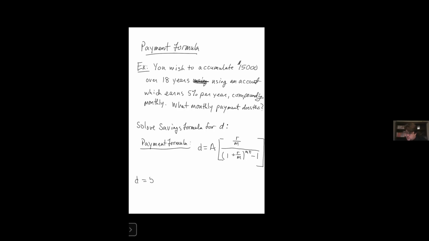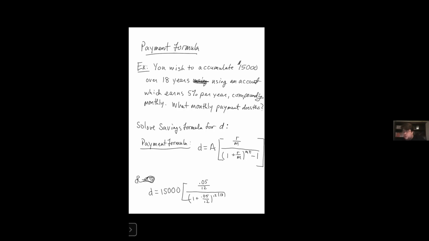So what would that be in this case? Well, D equals 15,000, the amount that we want to have at the end of the period, times 0.05 over 12, all over 1 plus 0.05 over 12 to the 12 times 18. We are going across 18 years in the example, so the time is 18.